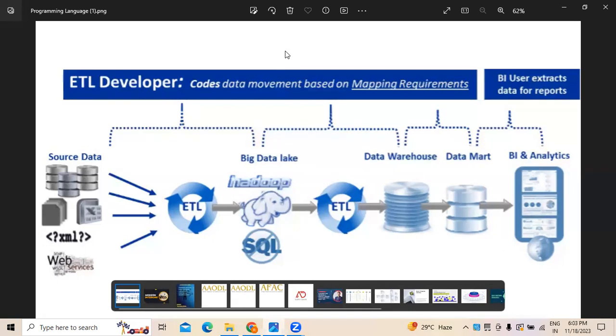If you can see here, these are the sources of data. These sources of data may be on any kind of server. Either it can be old Sybase servers, or an Oracle server, so I'm talking about databases.